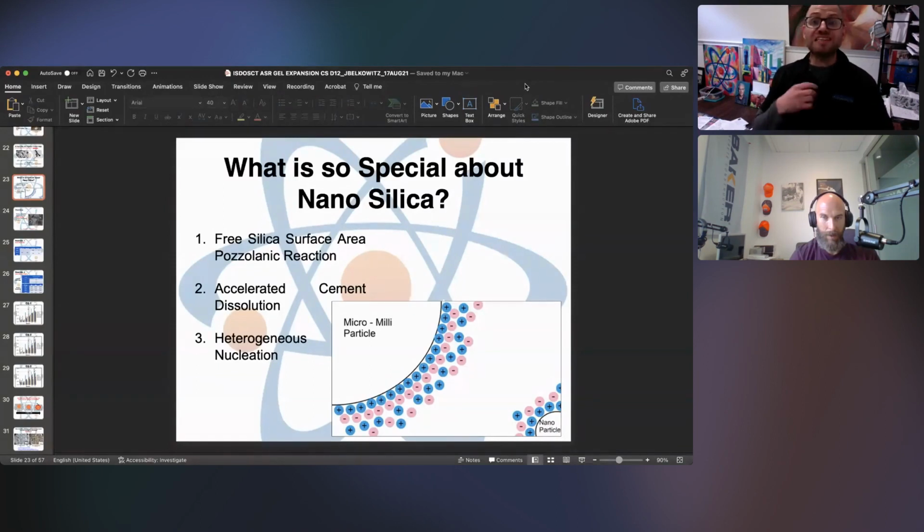It wants to liberate more calcium in the solution to give us calcium hydroxide for this instantaneous pozzolanic reaction, and this calcium silicate hydrate seeding effect. Faster and a higher rate of cement dissolution compared to grinding up the cement finer.